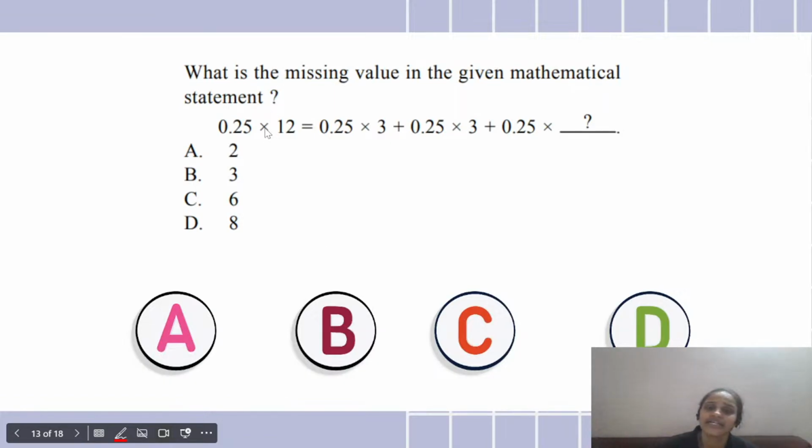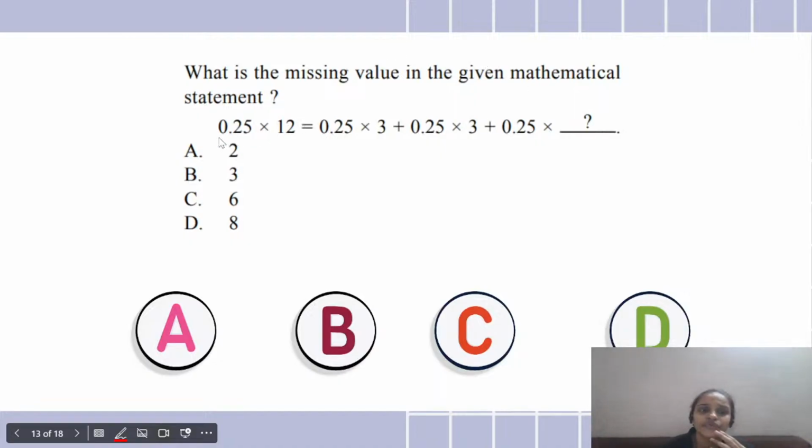And here is my question. What is the missing value in the given mathematical statement? You have to find out this.